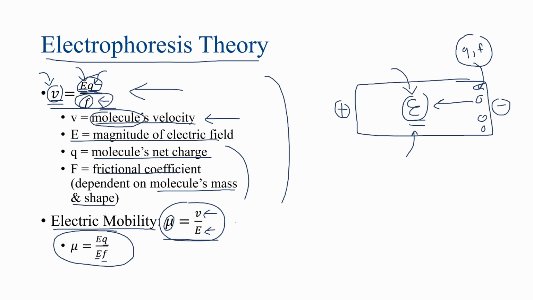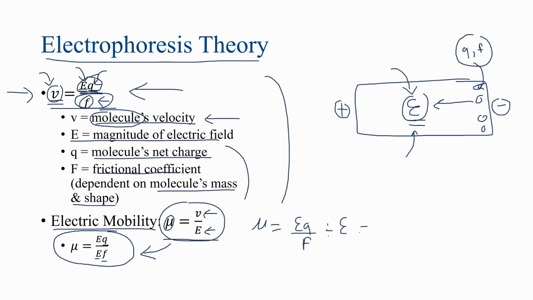So just to save you some time in figuring out how you get to this equation, I'll rewrite the mobility in terms of our equation on the top here. So the mobility would be equal to the velocity over the magnitude of the electrical field. So the velocity is equal to EQ over F, and this is divided by the electrical field.